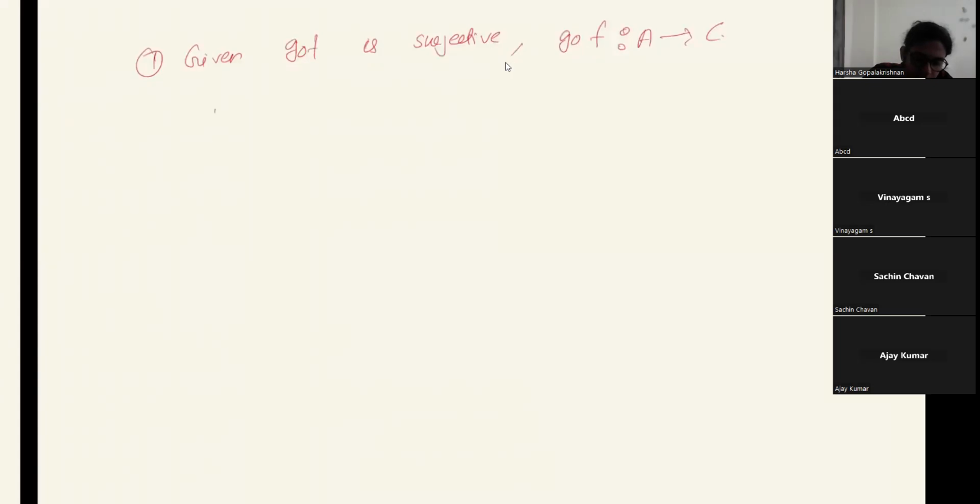For any C in C, there exists A in A such that G composite F of A equals C. Is this clear? Yes. So what is G composite F of A? G of F of A.